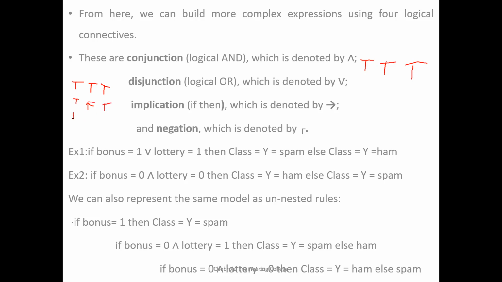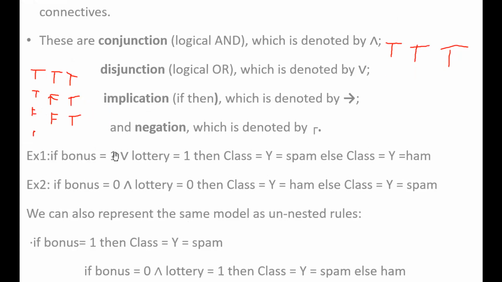False or true, again true. Here you can say if all the inputs are false, then only the output is false. All other conditions, we can definitely say it is true. This is called logical OR.